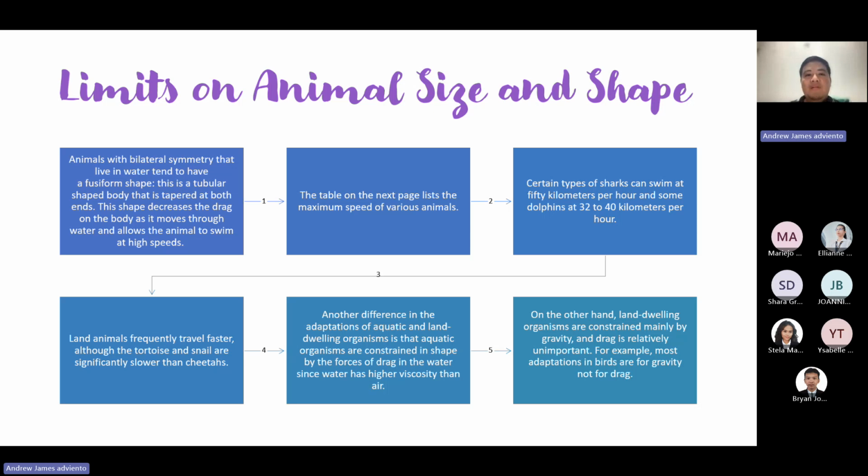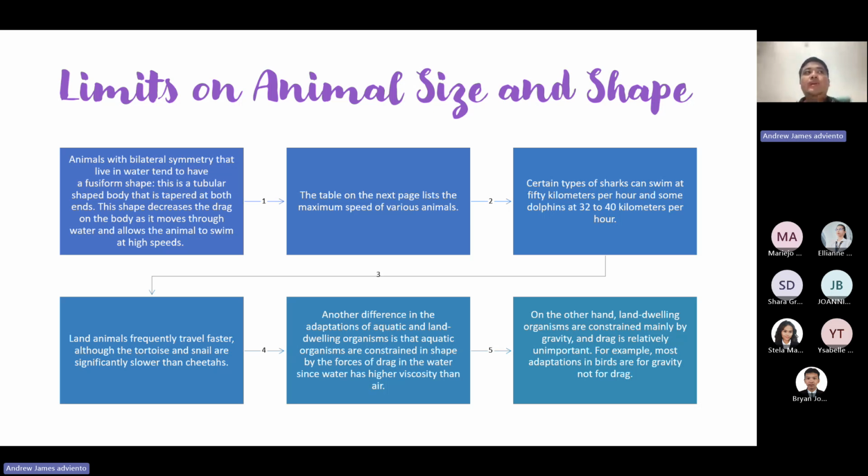Okay, limits in animal size and shape. We need to remember that animals have their own limitations. Animals evolved in a way, how they look right now, about their shapes and their sizes.